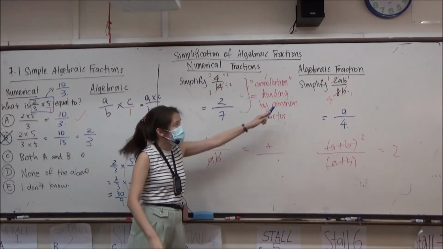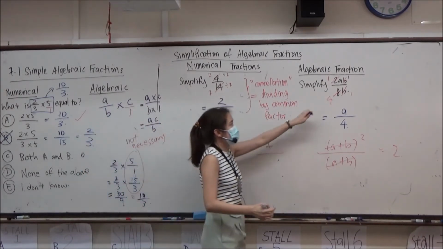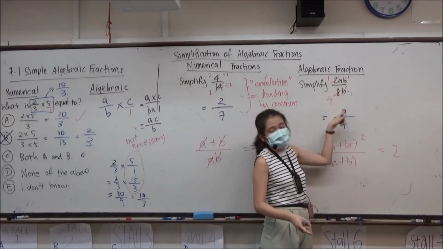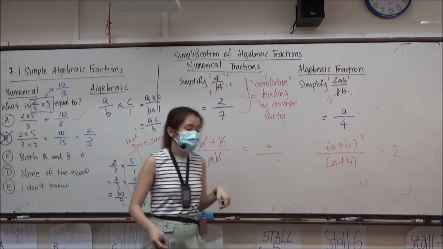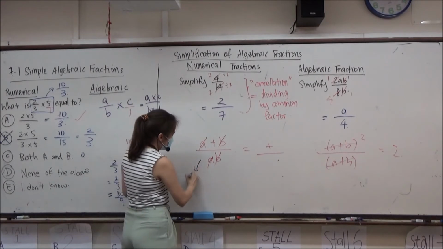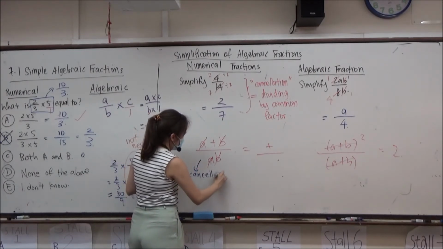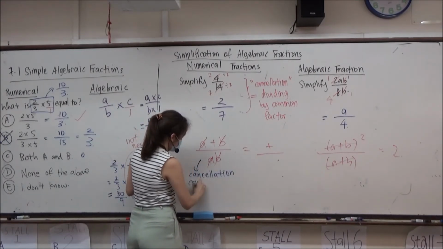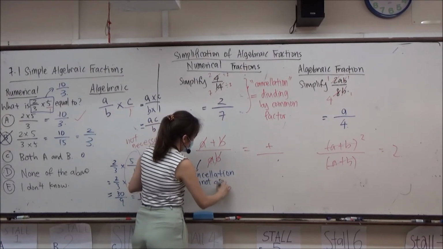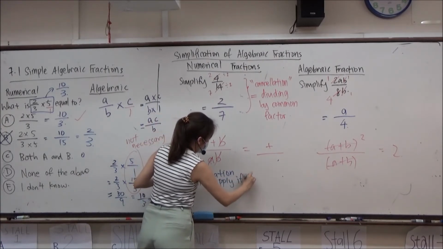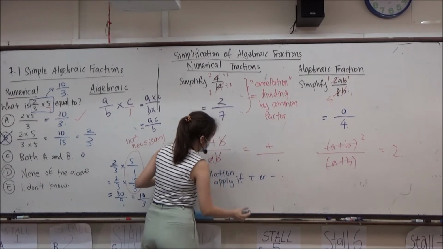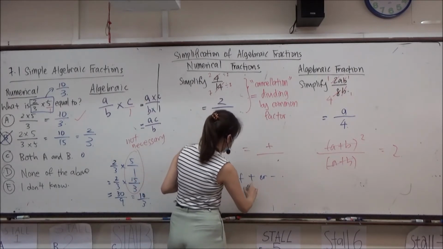Okay, so the cancellation happens only when throughout the things at the top and at the bottom, it is only multiplication. So cancellation cannot apply if plus or minus appears.